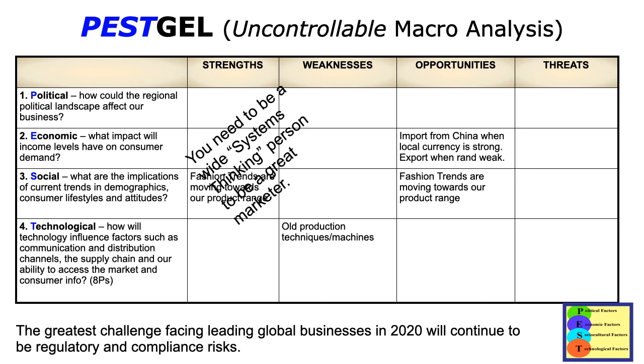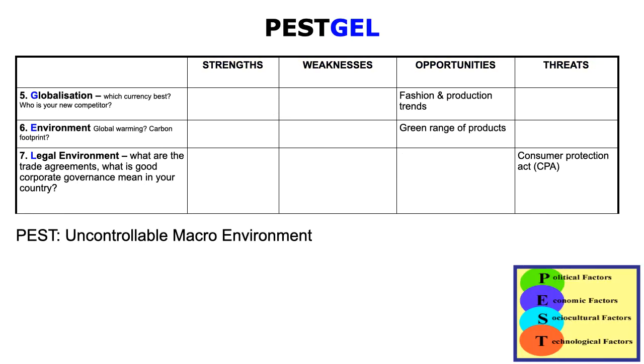So then we'd also populate globalization, environmental, and legal, which is the most important one. Legal, from black economic empowerment to trade agreements to import tariffs, is the most important one by far if you want to look at PESTGEL.